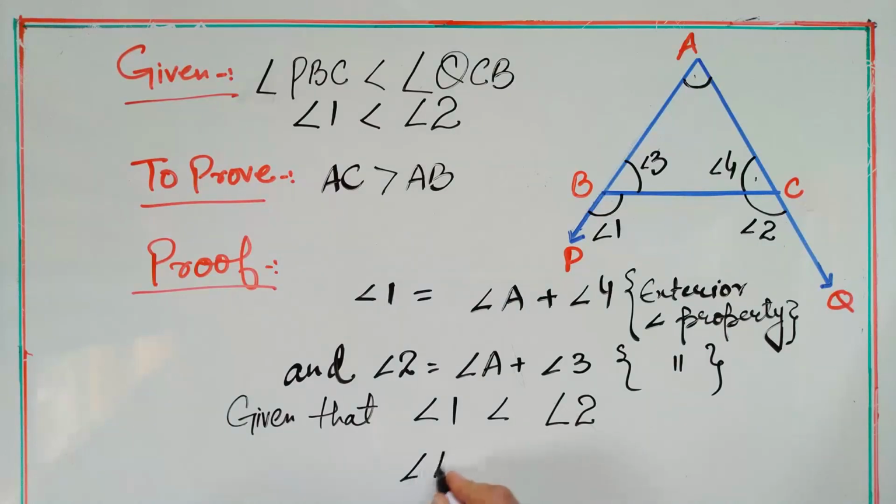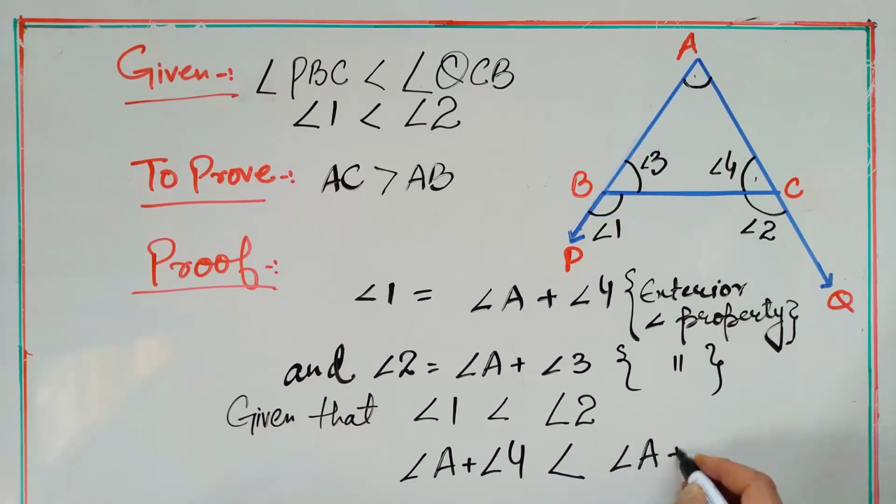So I can write down angle A plus angle 4 is lesser than, instead of angle 2, I can write down angle A plus angle 3. So what I have done is, instead of this angle 1, I wrote down A plus angle 4, and instead of this angle 2, I wrote down A plus angle 3. Now since angle A is on both sides, I can cancel it, and this will give me angle 4 is lesser than angle 3.